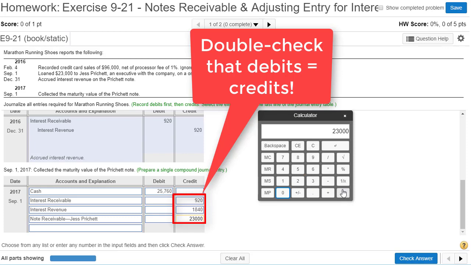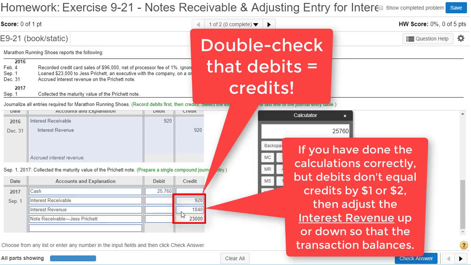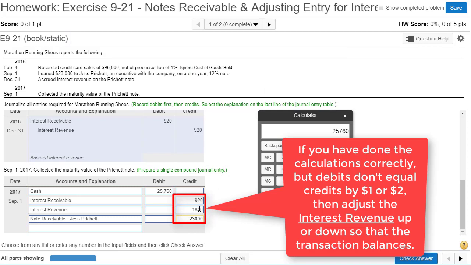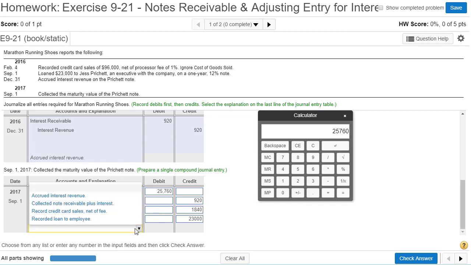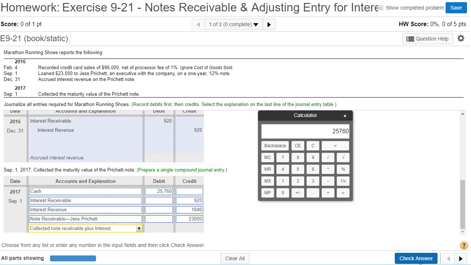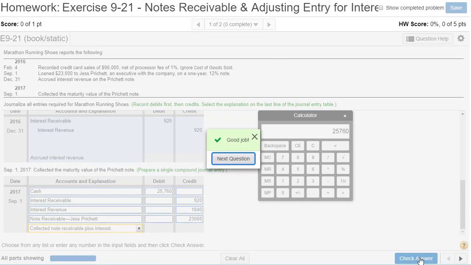And hopefully it gives us 25,760. Yes, it does. Now, if that does not give you 25,760 exactly, and you still have recorded these correctly, that means you're probably going to be like $1 off due to rounding. So if that's the case, what you need to do is adjust this interest revenue either up or down, probably by just $1, to make this journal entry balance. And so this is collected note receivable plus interest. And that's it.